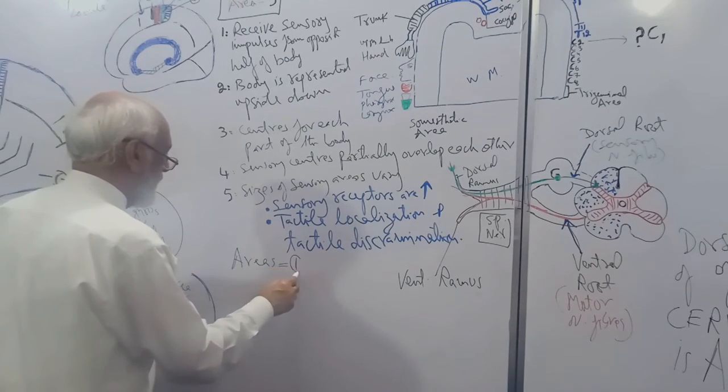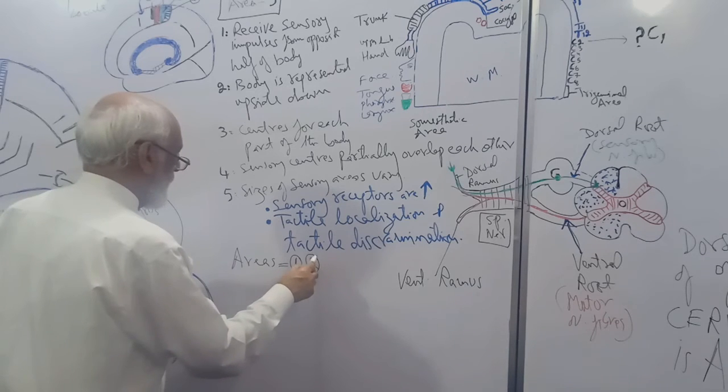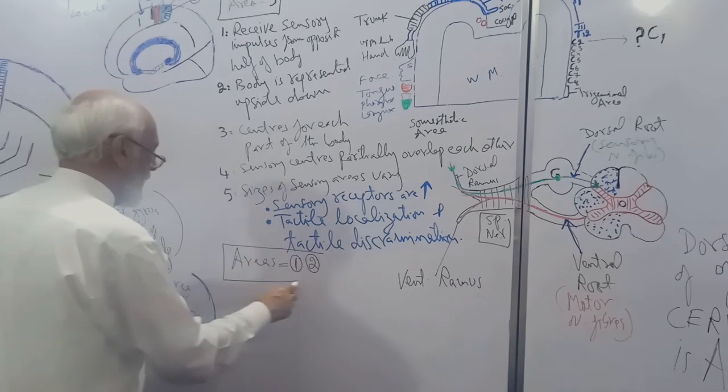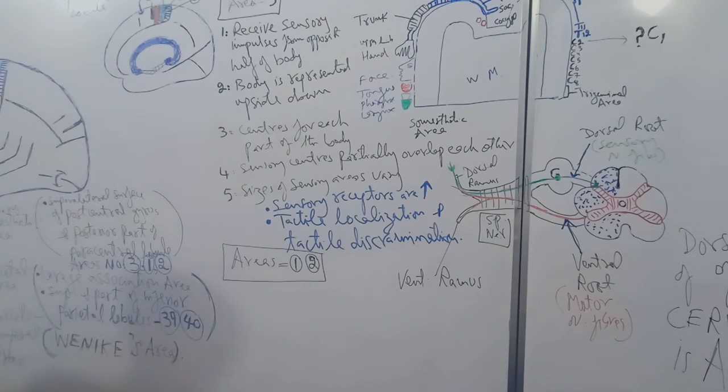We discussed area number 3 on the supralateral surface of the postcentral gyrus and the posterior part of the paracentral lobule.